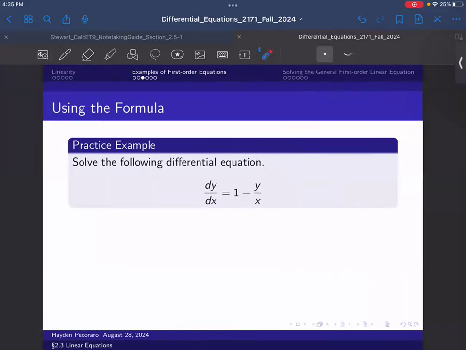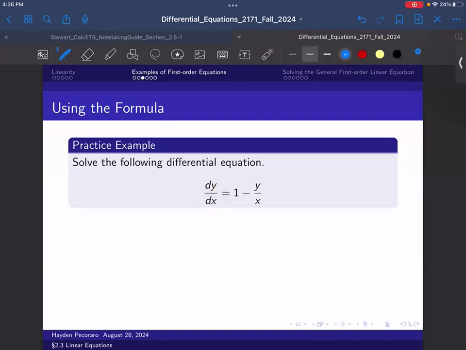Well, I want a solution, right? I want y of x. All right. Let's work on it together now. Okay. So you got somewhere. What did you get out of the answer?